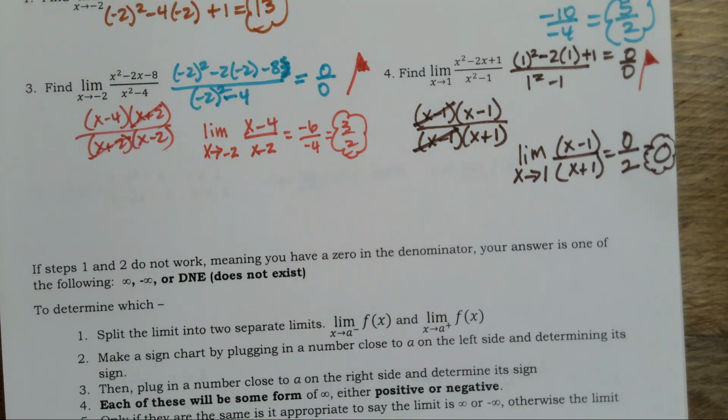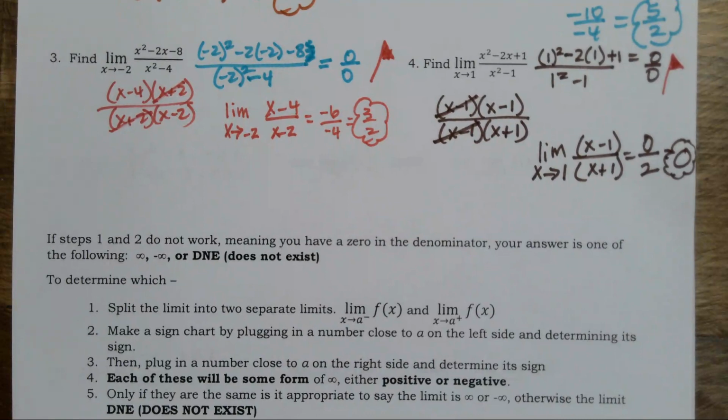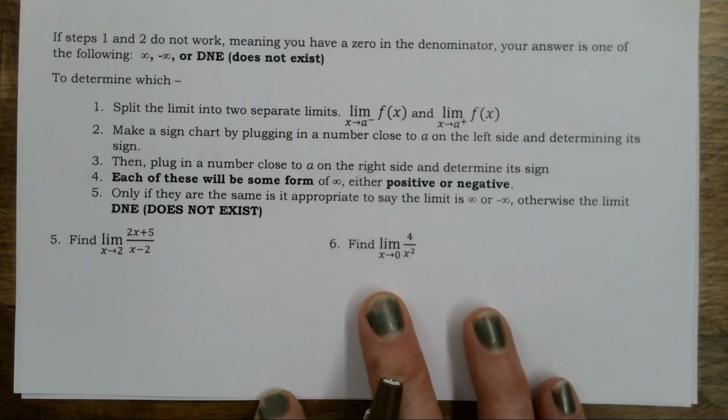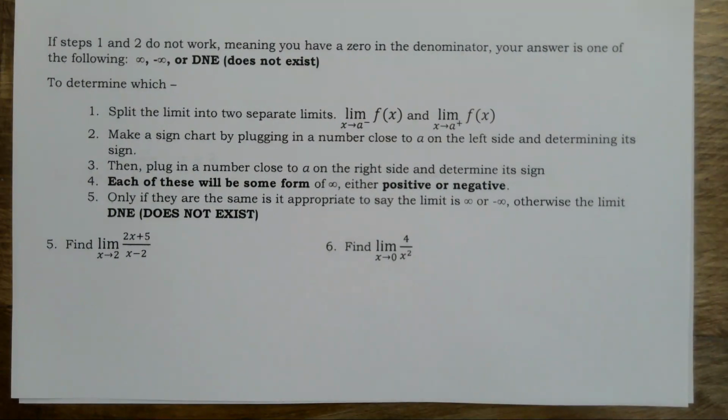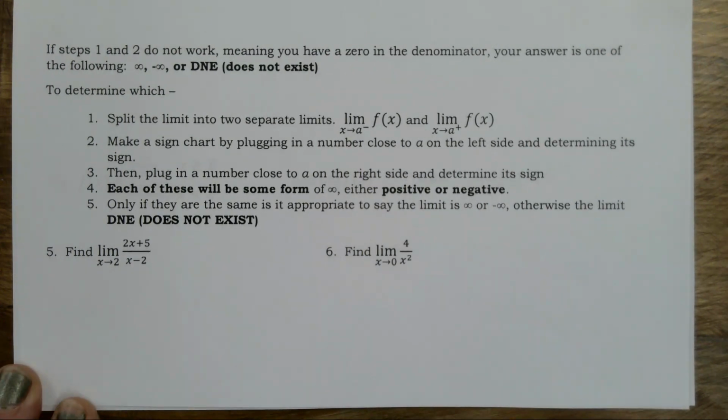There is another issue that happens. Remember, 0 over a number is fine. That's just 0. But our other situation that we're going to come into is an undefined situation. And when I graph an undefined situation, that means that I have a vertical asymptote.